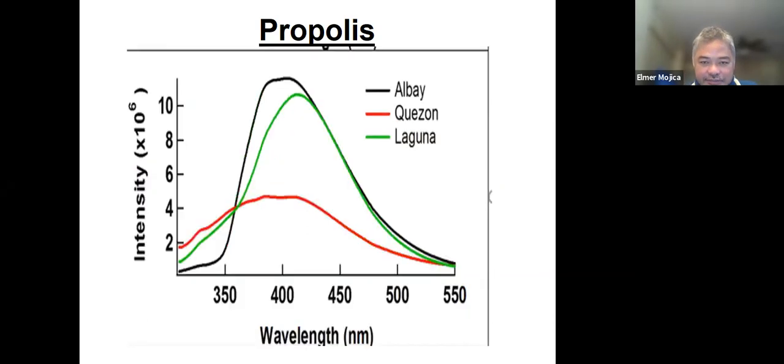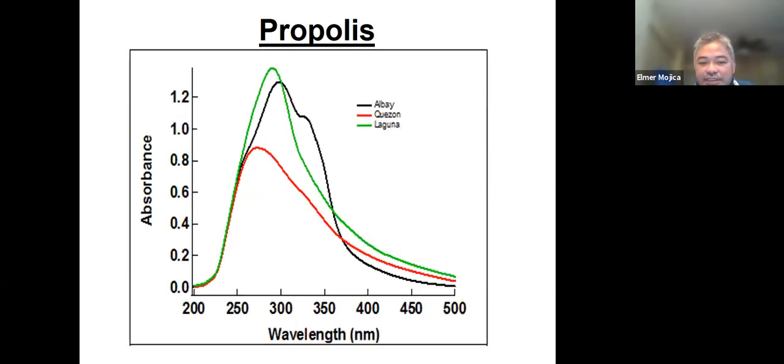And I tried to differentiate them using fluorescence. So I excited them at a wavelength of around, if I'm not mistaken, 320. Okay, because we're trying to get the maxima. Whatever the maximum peak in your absorbance, that's the excitation wavelength that you're going to use for fluorescence.